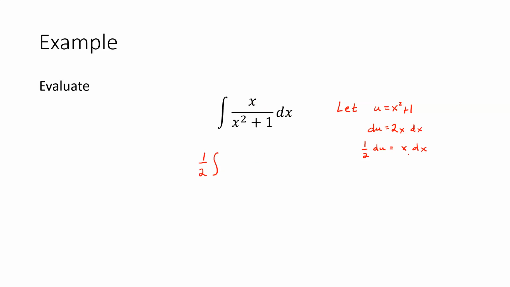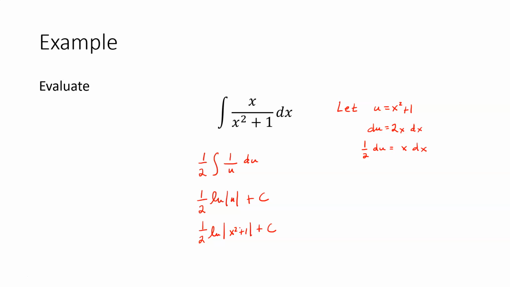Then x dx becomes du, with the x squared plus 1 in the denominator as our u. So this integral transforms into 1/2 integral of 1 over u du, which we know is just the ln of the absolute value of u. And then putting the u back in, we have 1/2 ln of the absolute value of x squared plus 1.